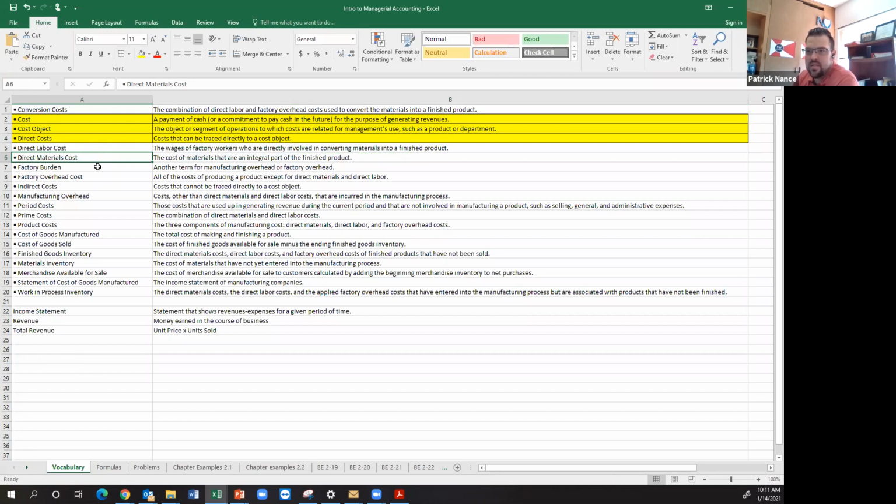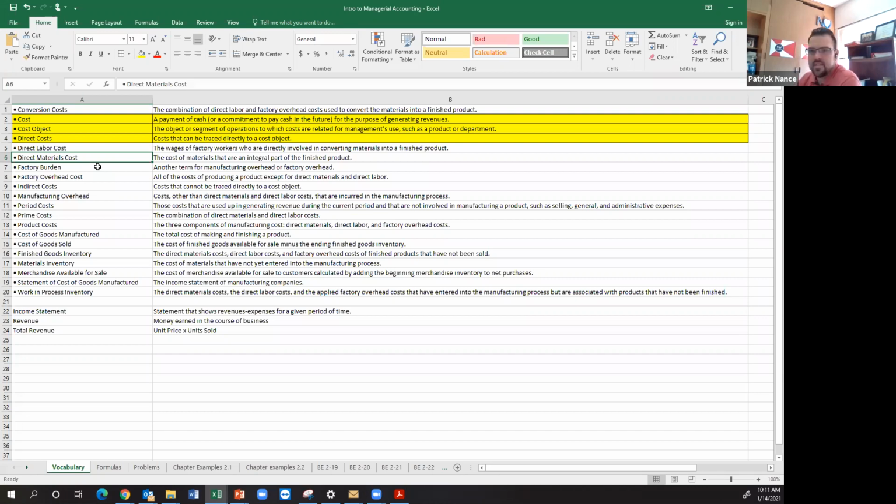A direct cost to a service product would be the direct labor that a lawyer spends their time actually performing those services. For a manufacturing facility, if you're manufacturing furniture, the wood that you use for that furniture would be a direct cost. The labor specifically used to build that piece of furniture would also be a direct cost.